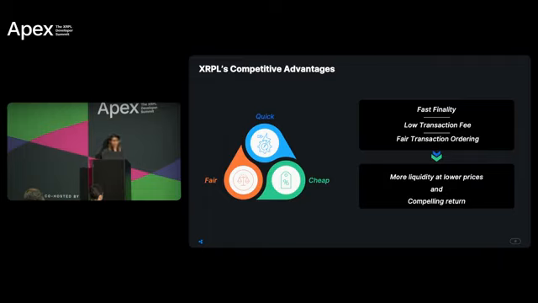We all know that the XRP Ledger has quicker, cheaper, and fairer transactions, which already make it more suitable, more effective, and more lucrative to build an AMM on top of it, because it would attract more liquidity. It can accommodate more liquidity at lower prices, and also provides better returns for the liquidity providers.